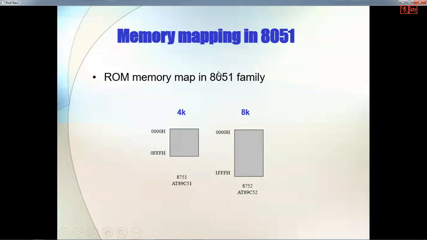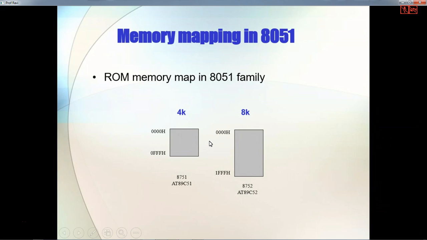And coming to the memory mapping, you can connect an external ROM of 8K. This is Atmel 89C52. But from the 8051 point of view, you can connect 4K external ROM.